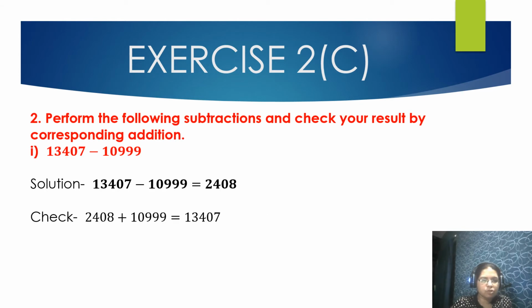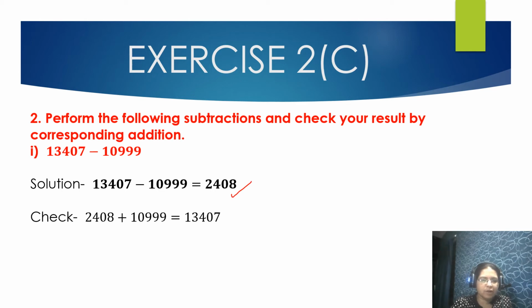Now we'll solve question number 2. Perform the following subtraction and check your result by corresponding addition. First is 13,407 minus 10,999. We subtract 10,999 from 13,407 and we get 2,408 as the result.